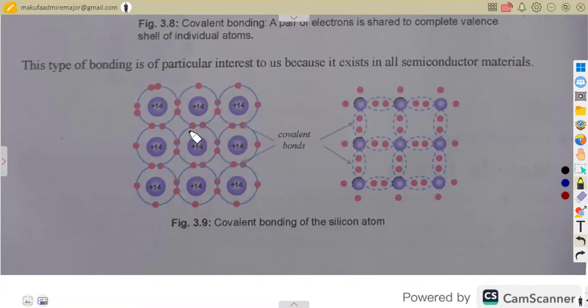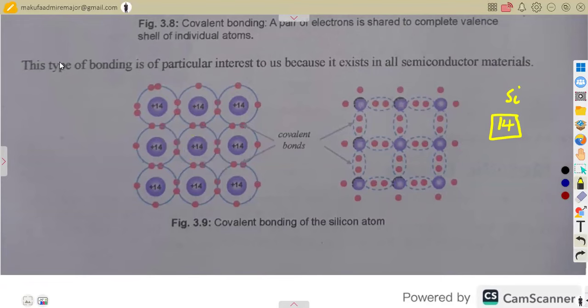You are having the same material. Let's consider what we had before, silicon. We said the atomic number for silicon is 14, remember.